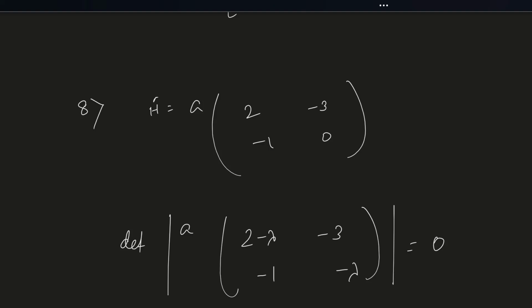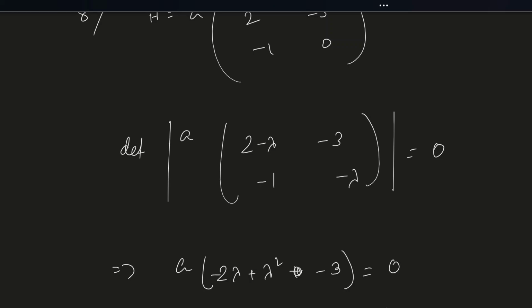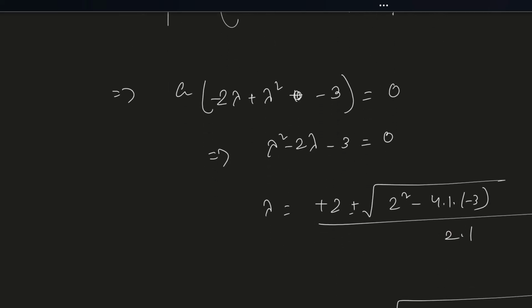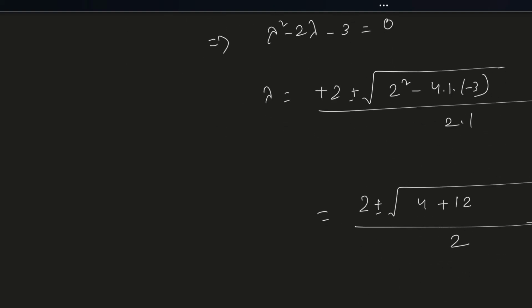This gives lambda squared minus 2 lambda minus 3 equal to 0. So lambda is equal to 2 plus minus 4 over 2, so either 6 by 2 or minus 2 by 2, that is 3 or minus 1.